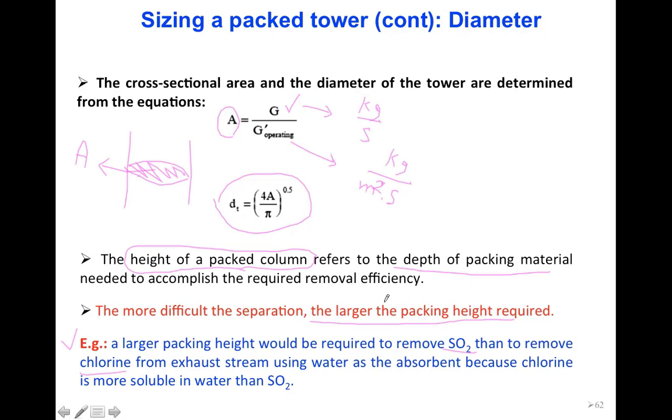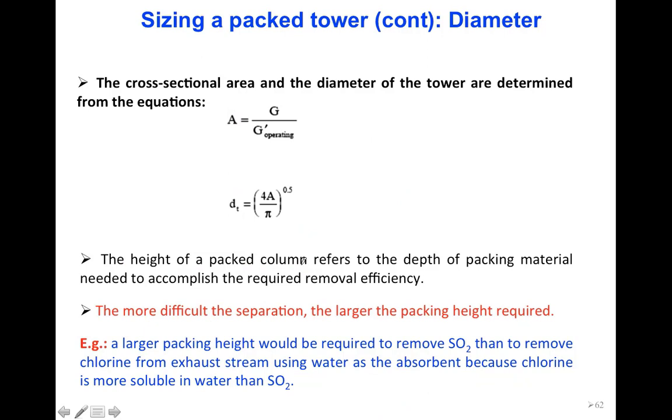So if we use a packed bed with water, I want to use water to separate SO2 from the exhaust gas that contains either SO2 or chlorine.